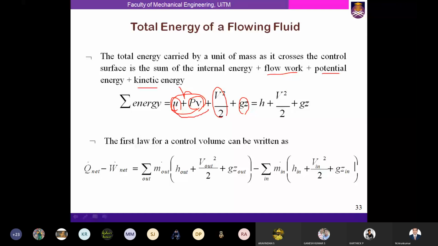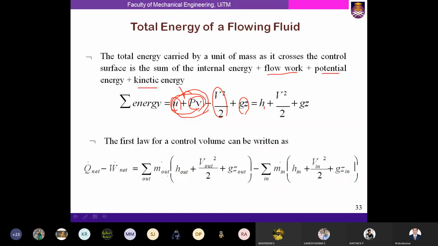So we can write U plus PV as H, then we can have this equation H plus potential energy. Here m is constant, so we can take this side. The first law for a control volume can be written as Q net, the net flow rate, minus outflow rate net, will be equal to the summation of out and in.